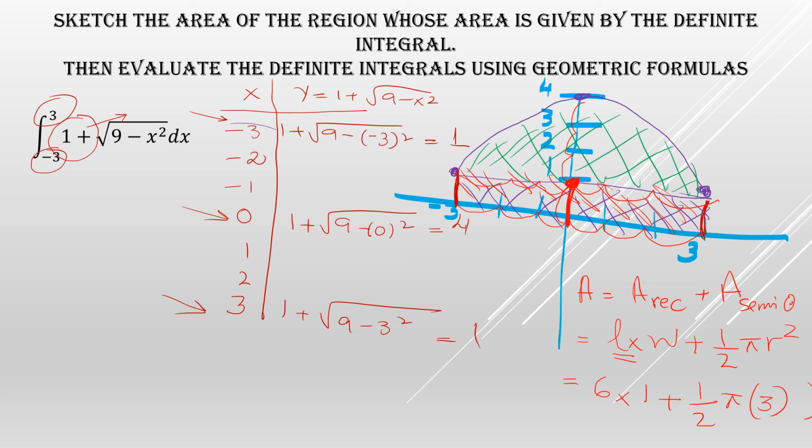So the radius is 3. So now 6 times 1 will give you 6, plus 3 times 3 is 9, 9 over 2 pi. And you can also just put the value of pi as 3.1514 and get the answer by using the calculator.